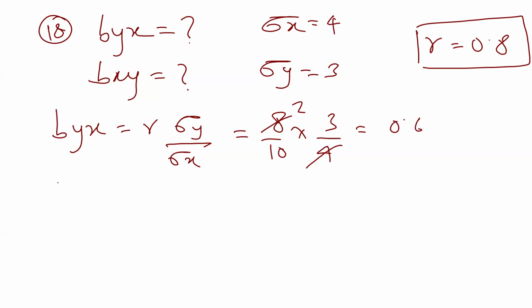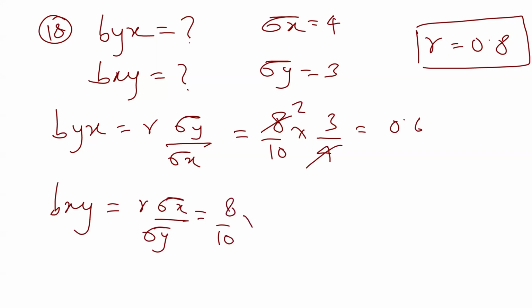Okay, bxy. R sigma x upon sigma y. R is 8 upon 10. Standard deviation of x is 4. Standard deviation of y is 3. Put the respective values. So this will be 32 upon 30.